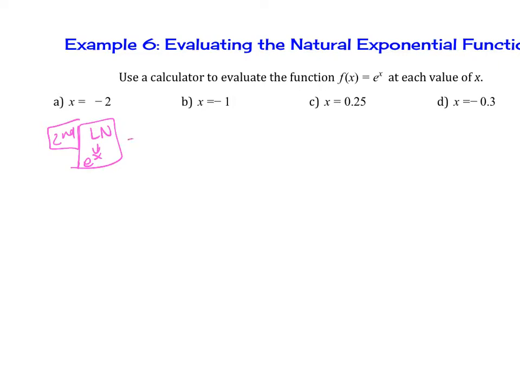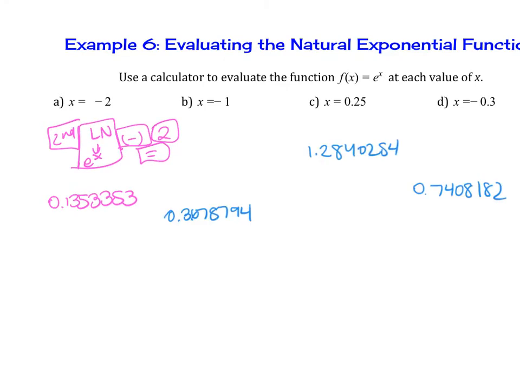Then you type in the negative, the one with the parentheses around it, and then the 2, and then enter, and that should get you your answer. In this case, you get 0.13533353. Go 7 decimal places. Try out letters B, C, and D, and when you come back, I'll have the answers for you.